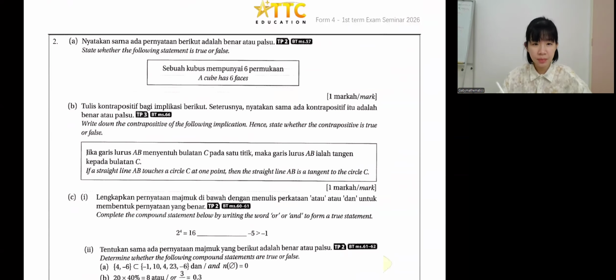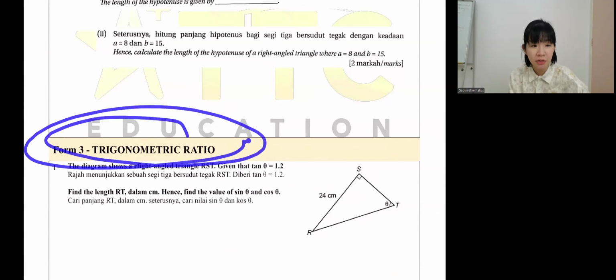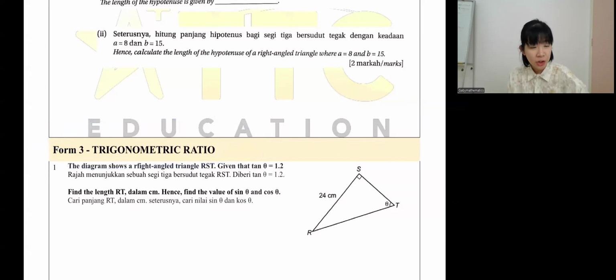Then next, other than Part 3, we have Form 3 chapter, trigonometry. Remember this topic? Your exam is going to cover everything, guys. It's not only Form 4, but Form 1 to Form 4, so you have to cover Form 3 topics as well.